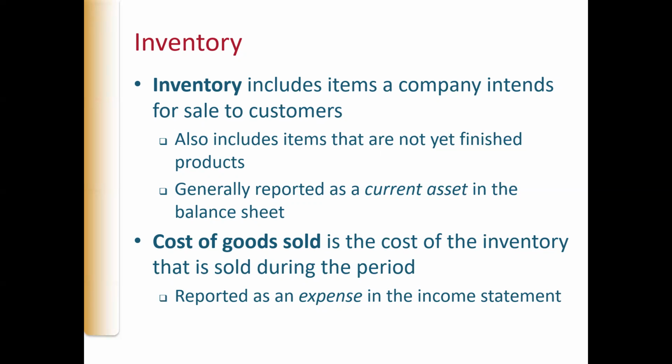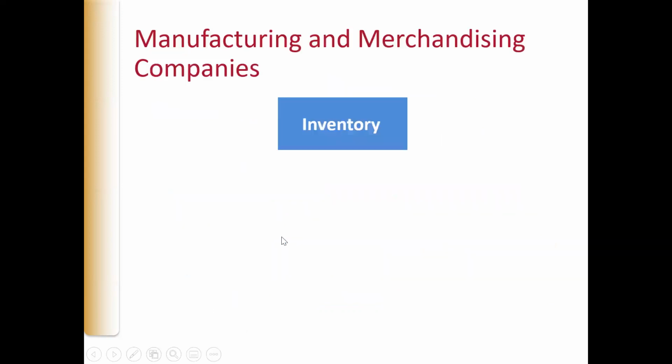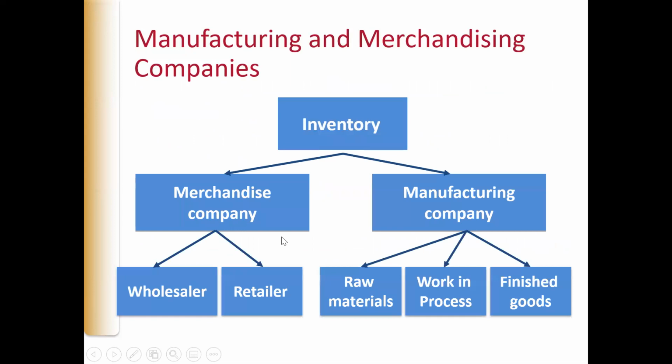But when those products do sell, it goes onto the income statement as an expense called cost of goods sold. So we see here that when you are a merchandise company, you purchase inventory that is already completed. And ultimately, you sell that merchandise as a wholesaler or as a retailer.